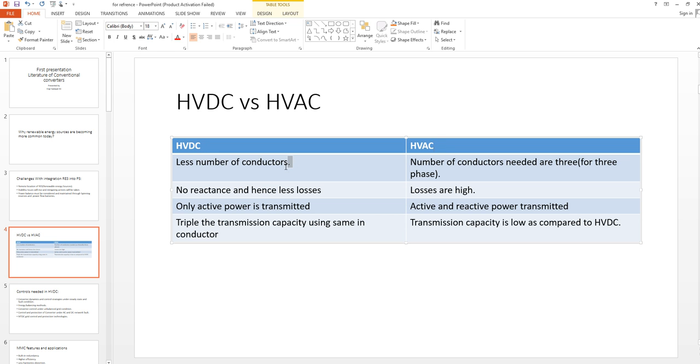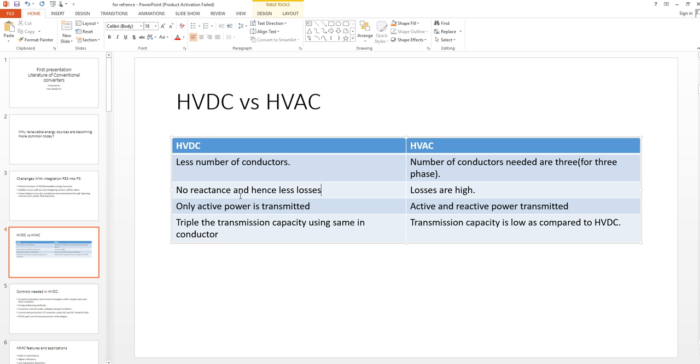HVDC has fewer conductors, so we can save the cost of the conductor. Even using a single conductor, we can transmit power from a very remote area to the residential area. But in HVAC, we have a three-phase system, so we need at least three conductors to transmit power.